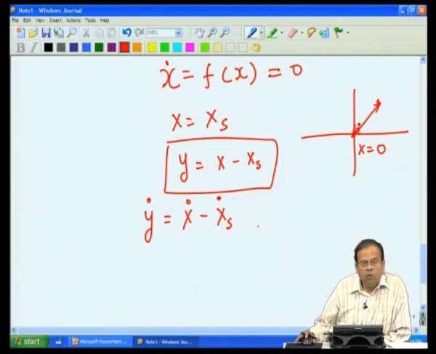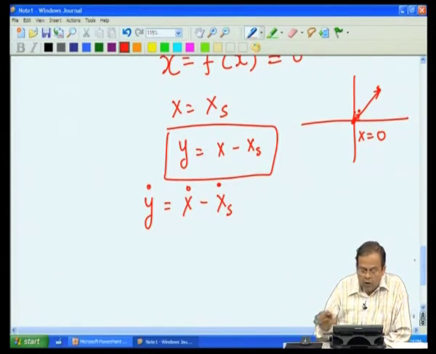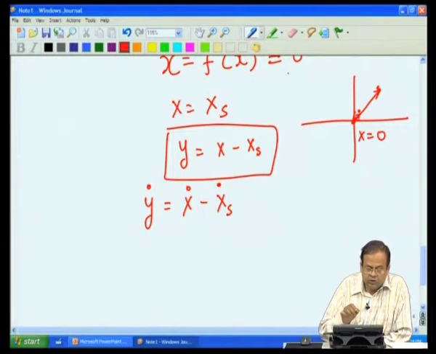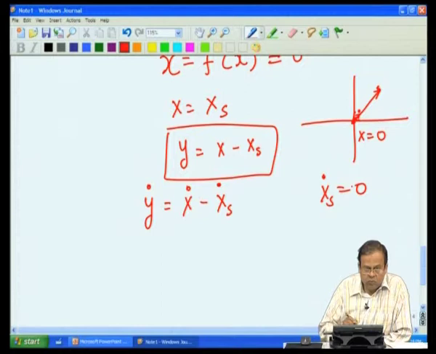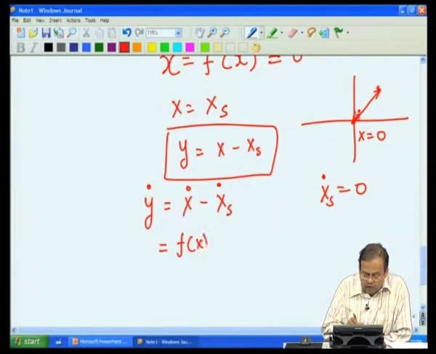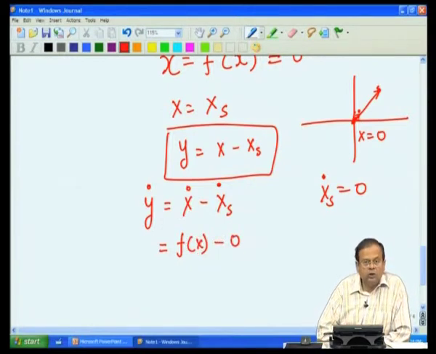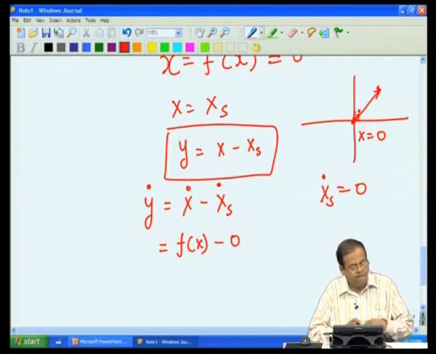I know x equal to x s is my steady state. So, I know x s dot is equal to 0, and I know my x dot is f of x, and this quantity is 0.